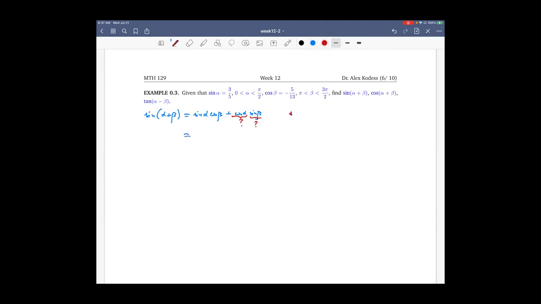Well, cosine alpha, by the basic trigonometric identity, or otherwise the Pythagorean theorem, is plus or minus the square root of 1 minus sine squared.